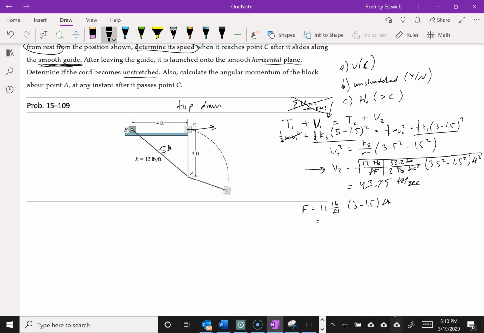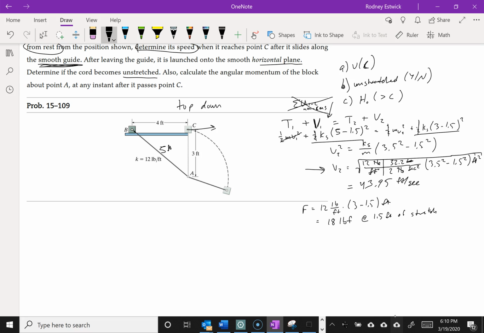So we're looking at 12 times 1.5, 18 pounds of force that the rubber band, the elastic band, can provide at its current stretch. So we'll just say at 1.5 feet of stretch.